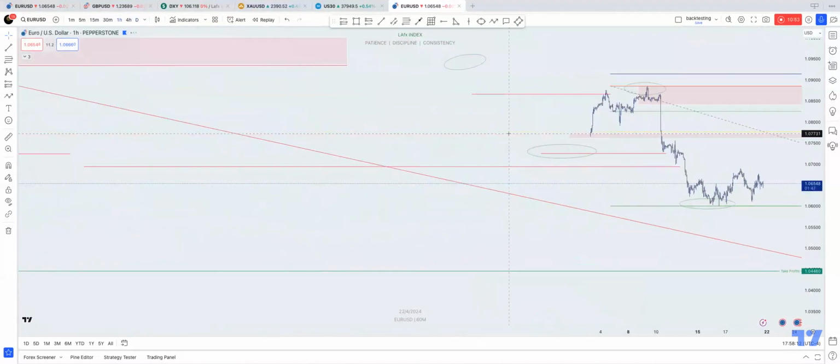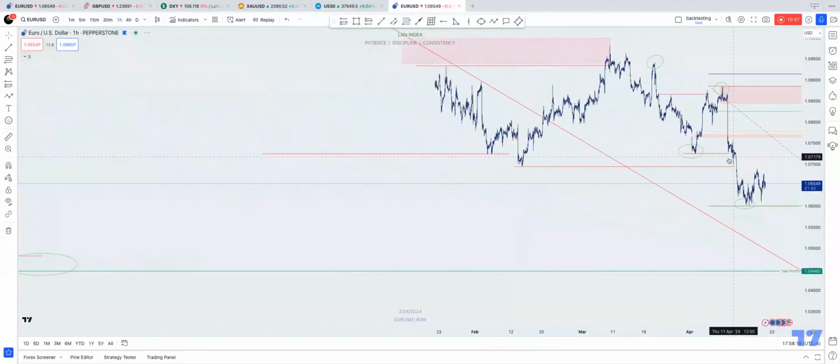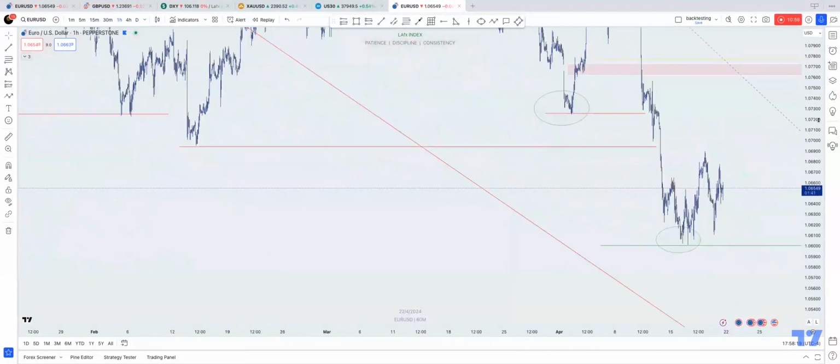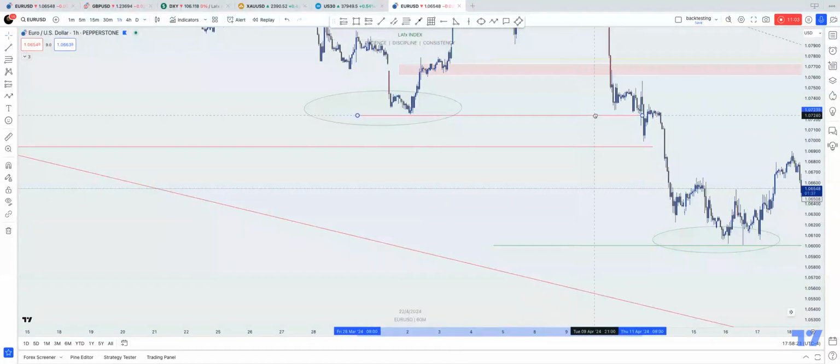So let's go and see what we have here. That is okay. There's the internal structure. All right, did we break with a wick? We did break with a wick, right? Yeah, we broke with a wick.